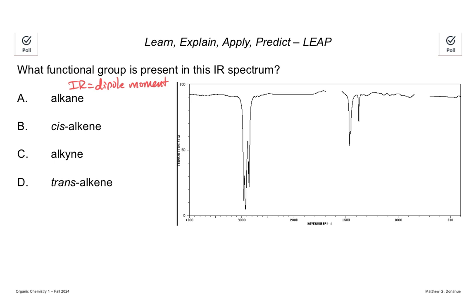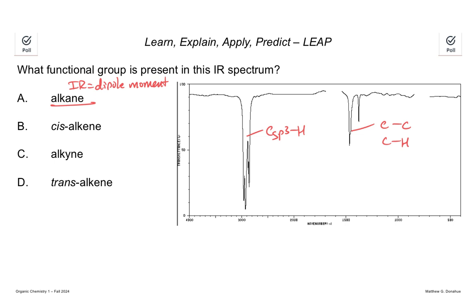And this is the basic IR of an alkane. There's nothing really special about this. This is your sp3 C-H stretching. This might be some C-C stretching or some other CH wagging or rocking or that sort of thing.